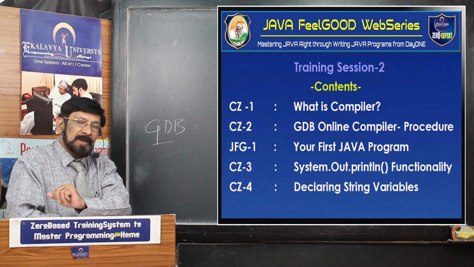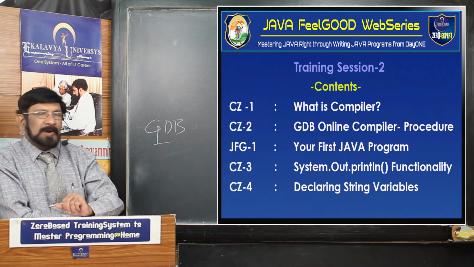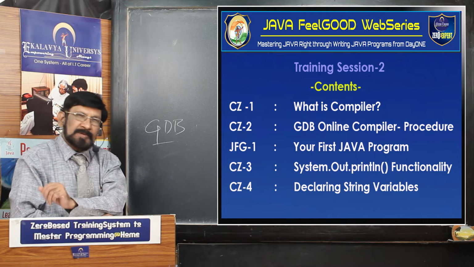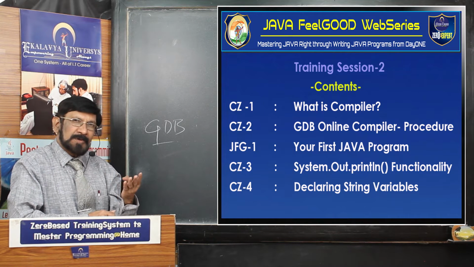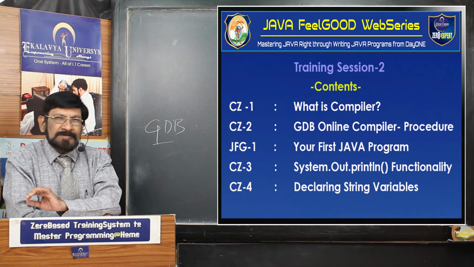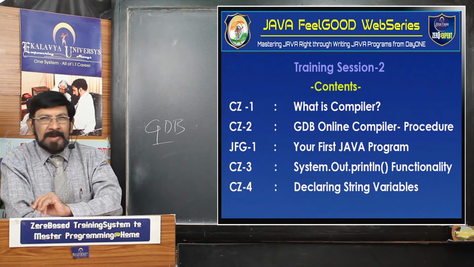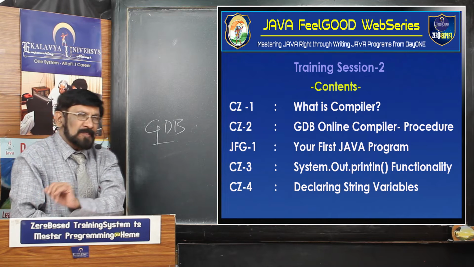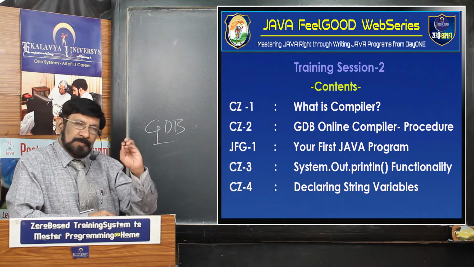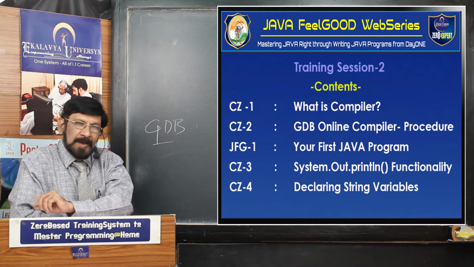When you are learning multiple languages, and now I am providing you a web series for 3 languages, Java, Python and C. If at a time you want to learn 3 languages, you need not go for and use 3 compilers. GDB online compiler provides a compiler for 20 plus languages.